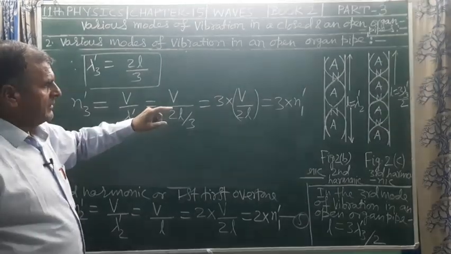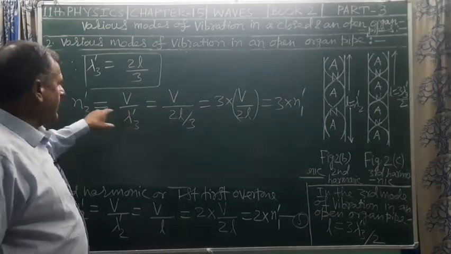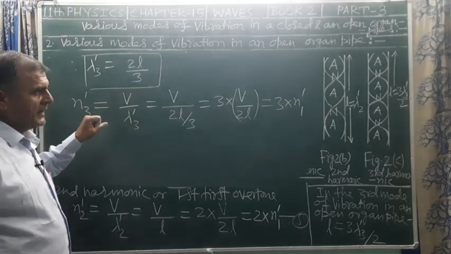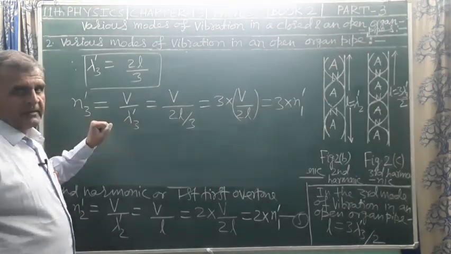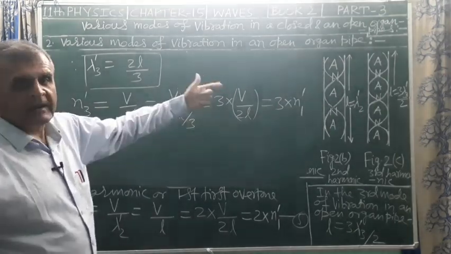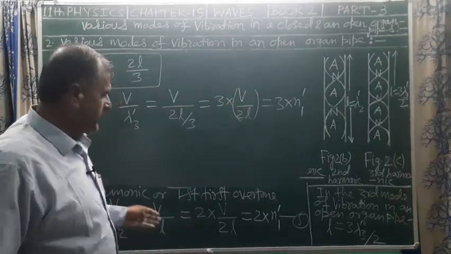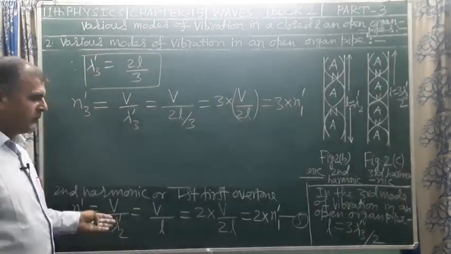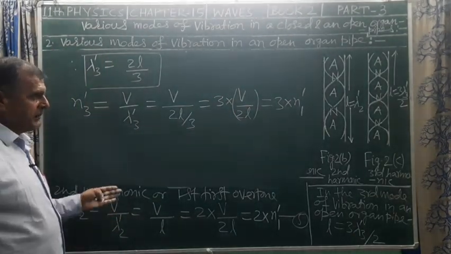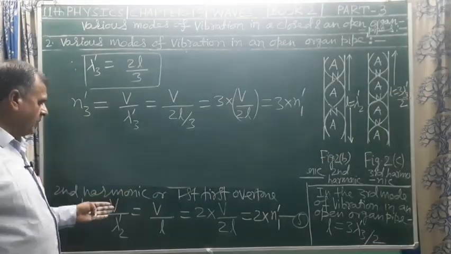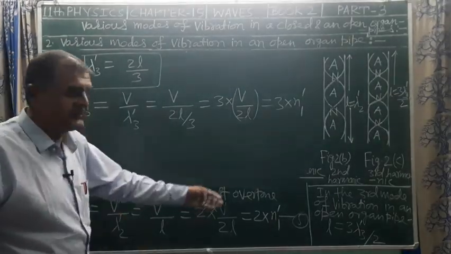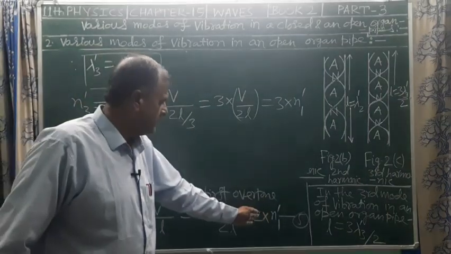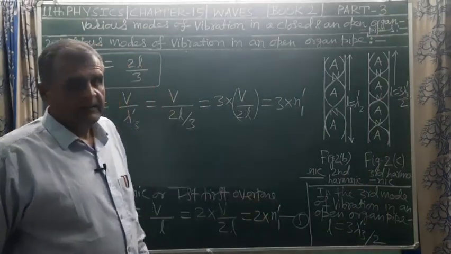is an odd multiple, that is, the third harmonic produced in an open organ pipe is an odd multiple of the fundamental frequency, while we have obtained N2 dash, that is, the second harmonic produced in the second mode of vibration in an open organ pipe, N2 dash equal to 2 times the fundamental frequency, that is 2 into N1 dash.